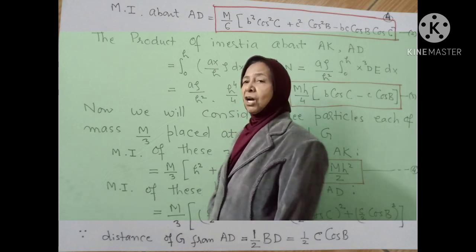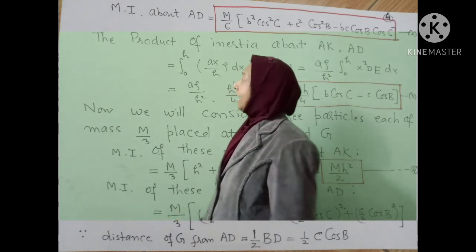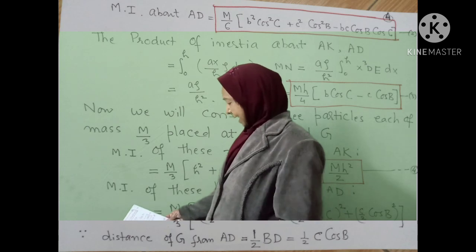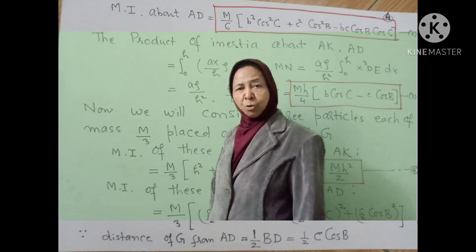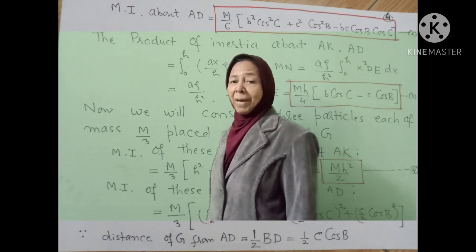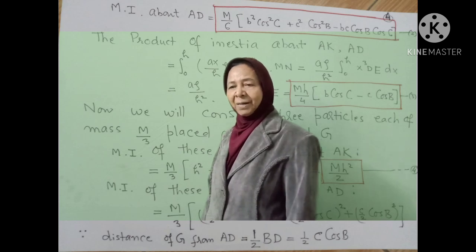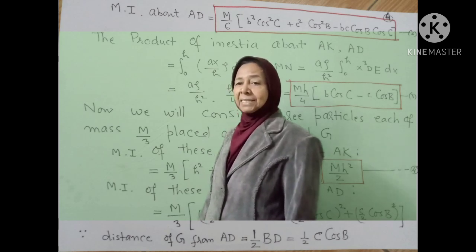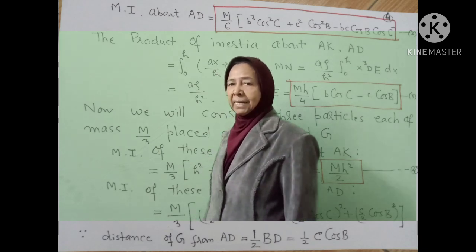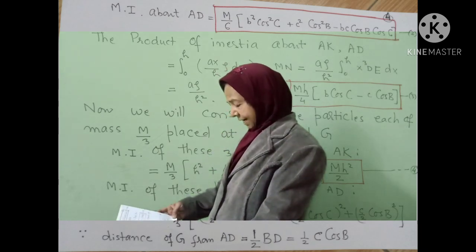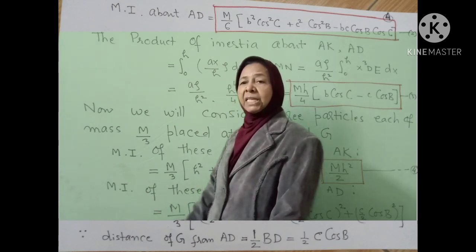So moment of inertia of these three mass particles about AK is found as equation number 4. It is mh square by 2. Again, you can match. This is same as equation number 1. Now next, moment of inertia of these three mass particles about AD. You can see this is also the same.